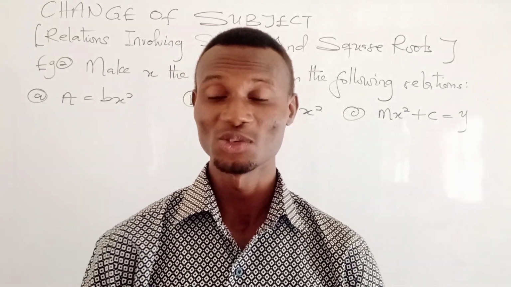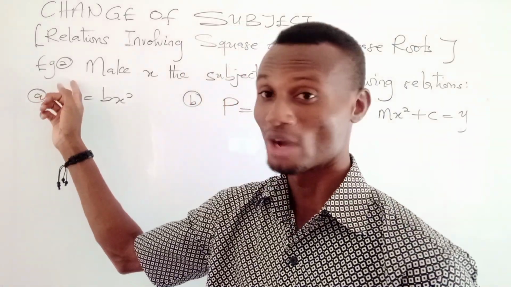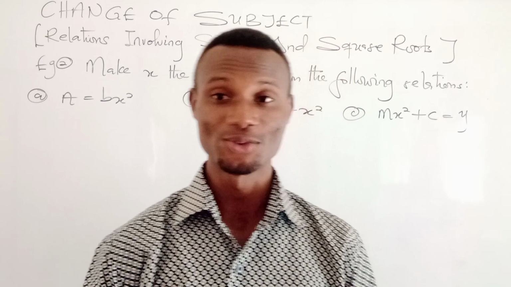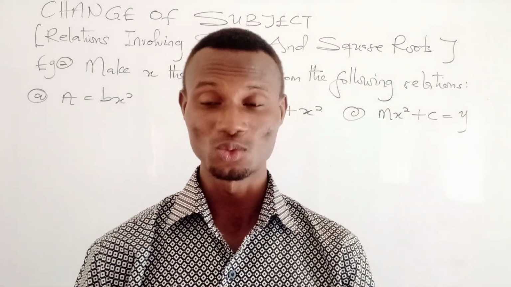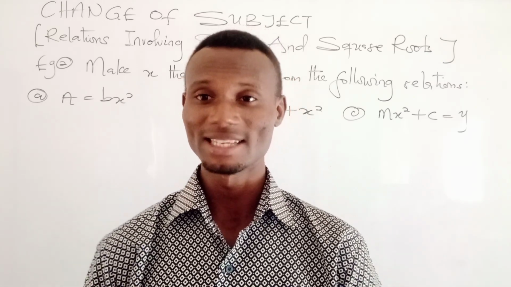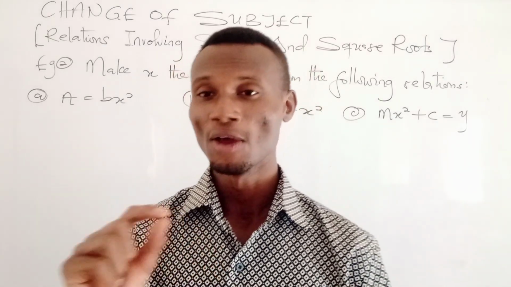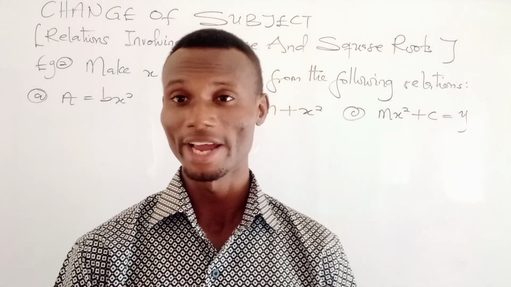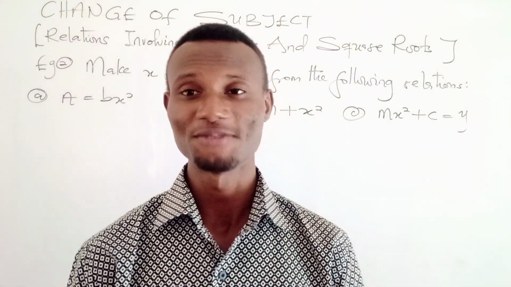So this is a continuation to solve another example with you. This is example 2, as you can see from the board. It means you've already done example 1, and I advise that you do well to watch the first video that I did on this aspect of the change of subject, which is relations involving square and square root, because the first video lays the foundation.